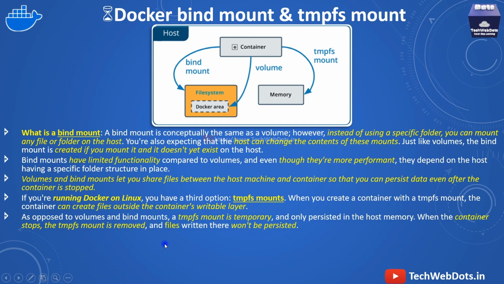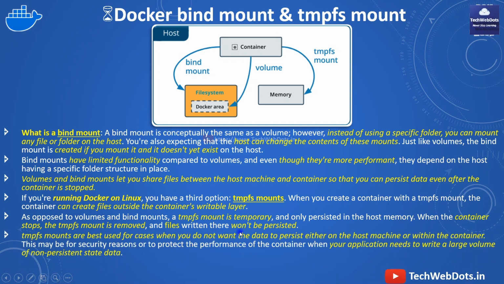As opposed to volume and bind mounts, a temp file system mount is temporary and only persisted in the host memory. So it exists in the host memory. When the container stops, the temp file system mount is removed and the files written there won't be persisted. So this is completely temporary.